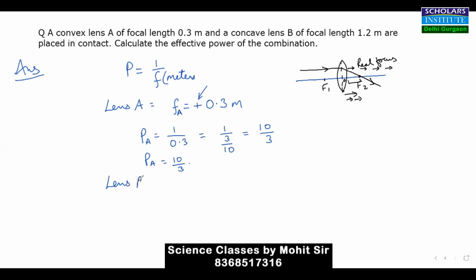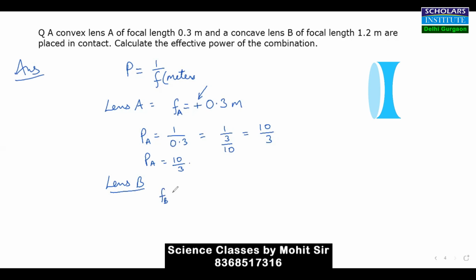Now for lens B, we are calculating FB, which is the focal length. Lens B is a concave lens and the value is given to be 1.2.